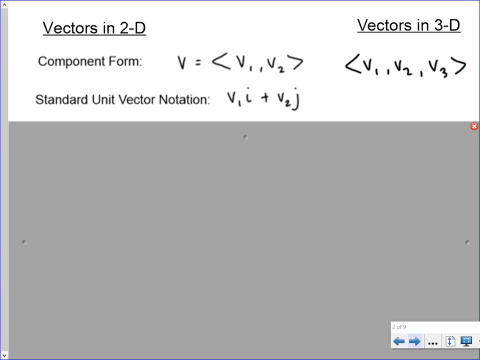We also talked about something called standard unit vector notation. It was a linear combination of the horizontal and the vertical components, so v sub 1i plus v sub 2j.